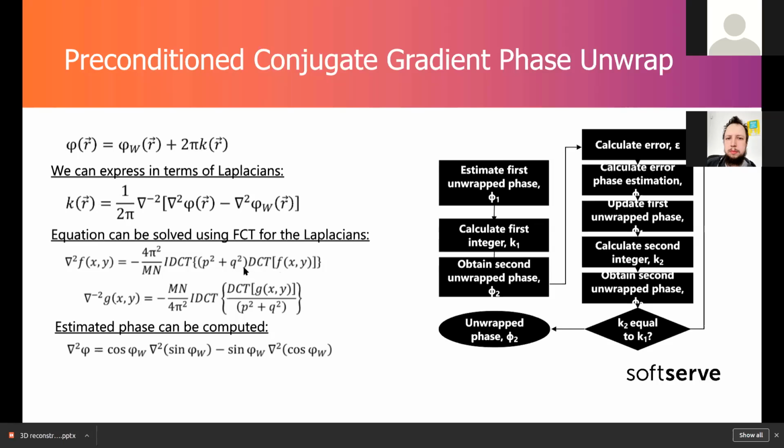We just perform a discrete cosine transform on the original image, multiply it by the Laplacian coefficient, perform the inverse, and estimate the error that we received with the previous step, and then continue until we don't have any changes from the previous steps.